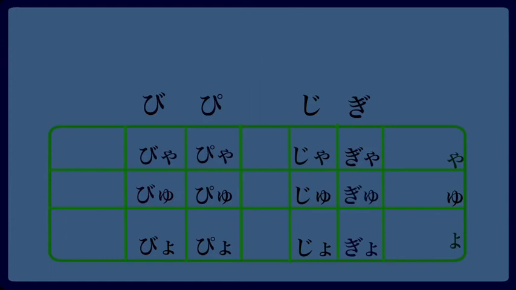Or the ji sound with a little yo, followed by an u, jo, da, n, jodan means a joke.